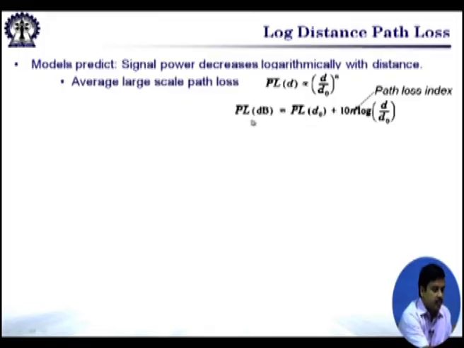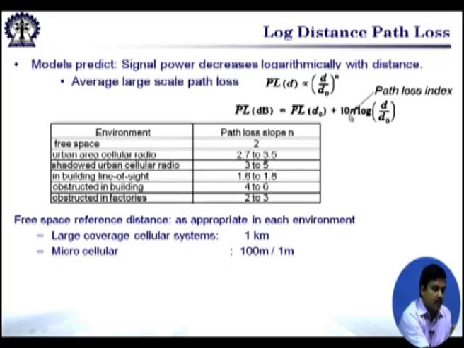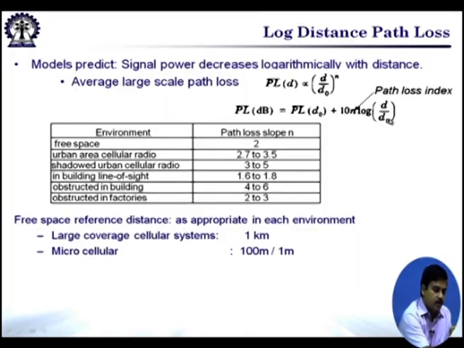Hence you could write PL in decibels as the path loss at d0, that is the close-in distance. One could measure the received signal strength at d0, plus 10 n, where n is the path loss exponent, times log of d by d0.